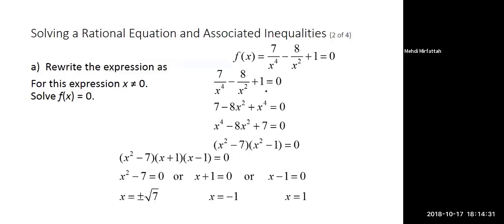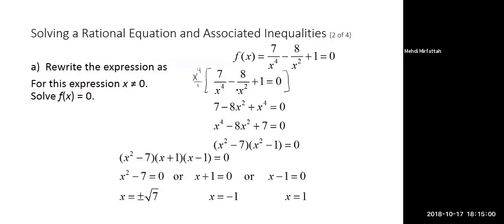So as you can see, I can make this equation into a linear equation by multiplying each term by the LCD. What's the LCD here? X to the power of 4. If I multiply each term by x to the power of 4, the x to the power of 4 cancels, and you only get 7 here.